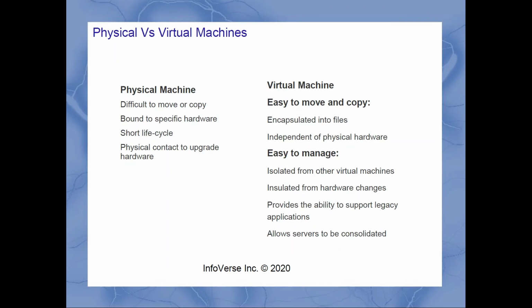It becomes independent of the underlying physical hardware. It becomes easier to manage. It is insulated from any hardware changes. So if I was to upgrade my hardware, the VMs would automatically get the benefit, and they will see a more powerful hardware than previously.